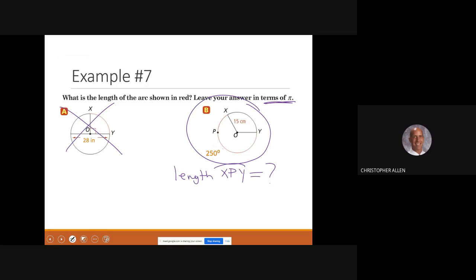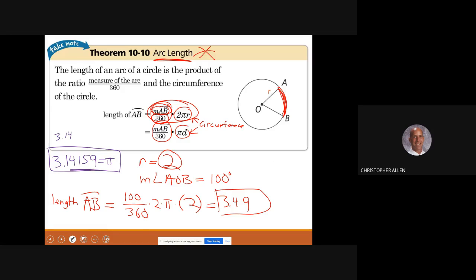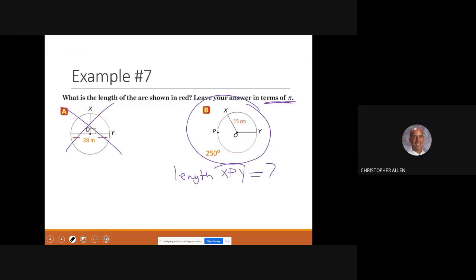We'll do both. I don't care. You can just multiply it all the way out like I did. I'll do a pi answer as well. You're going to use these formulas right here to get this answer. In fact, let me erase this. I'm going to give you 2 minutes to figure that out, and then we'll be done for the day.